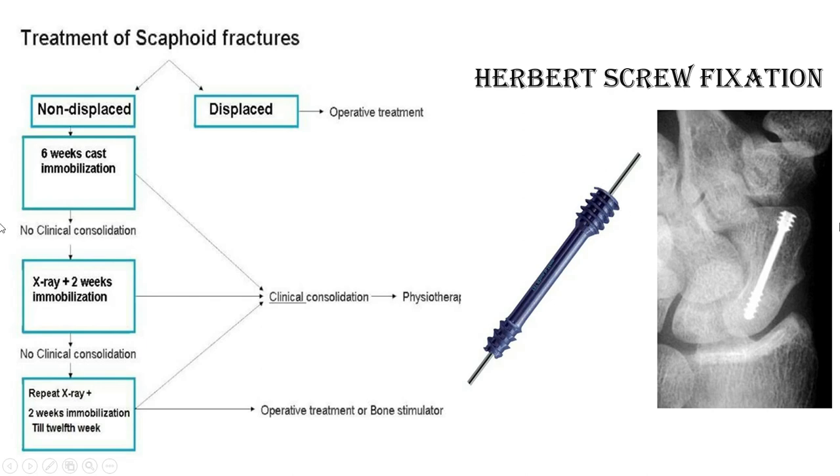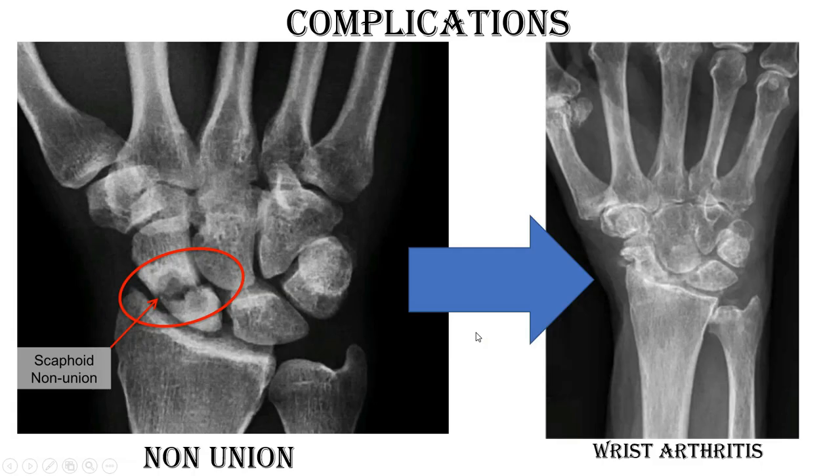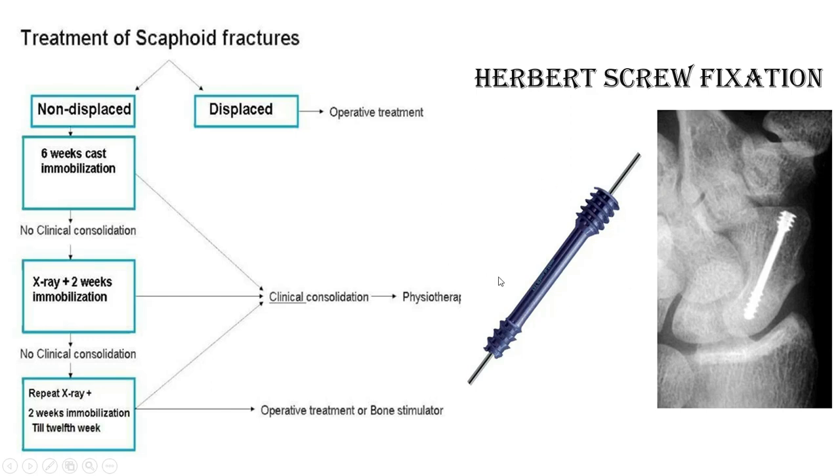Yes, no head, and it will be kept in the scaphoid for the whole life, no problem at all. And due to the different pitch, there will be a lag effect and compression at the fracture site, so the fracture is not seen after the operation, and it can be done under C-arm guidance, and a percutaneous operation is recommended.